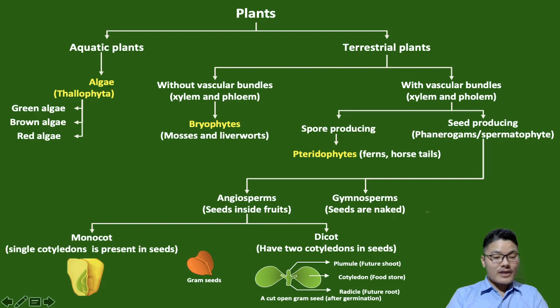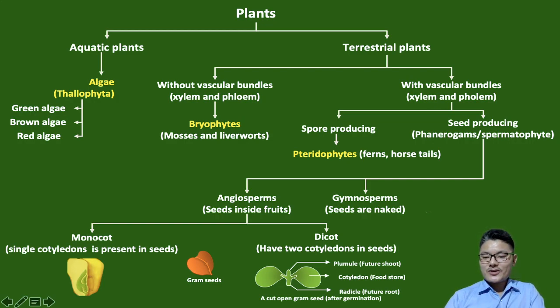Even after germination, there are no two flappy structures if you cut open the germinating seeds of maize or corn. So in a dicot plant, we have two cotyledons in seeds. On the other hand, we have only a single cotyledon supporting the growing embryo, for example in maize.